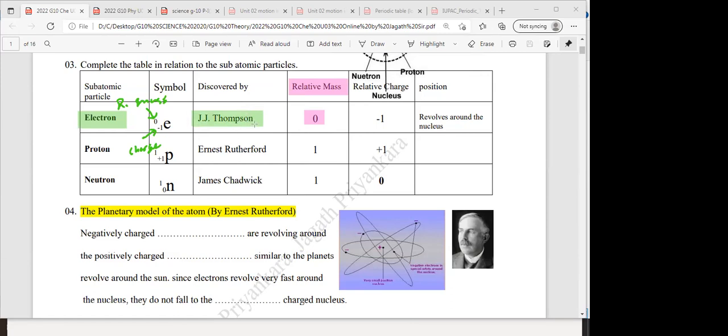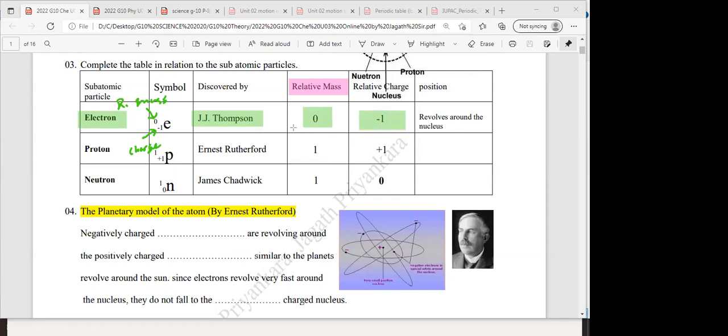Then what is the relative charge? The electron is negatively charged, and we call this relative charge minus 1. Electron: relative mass 0, relative charge minus 1.